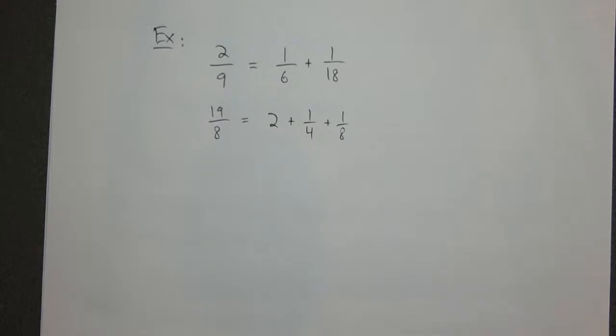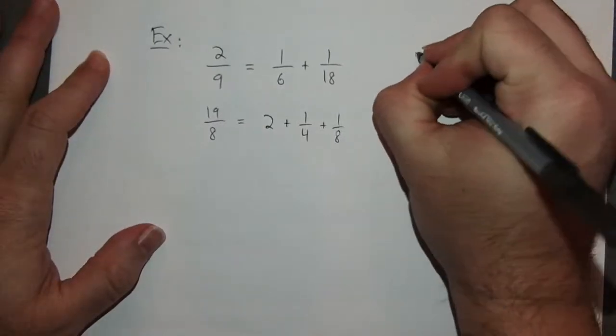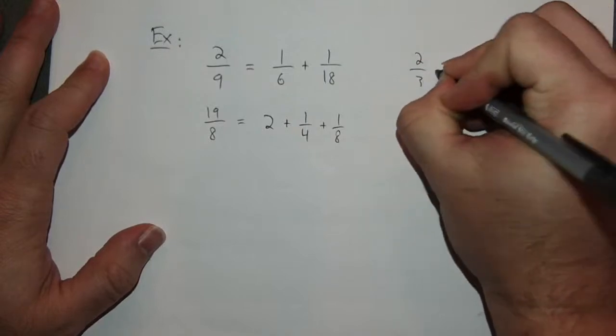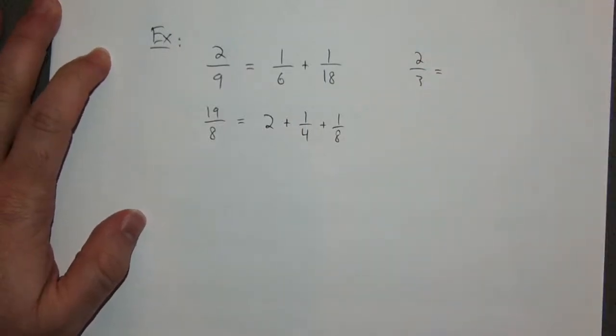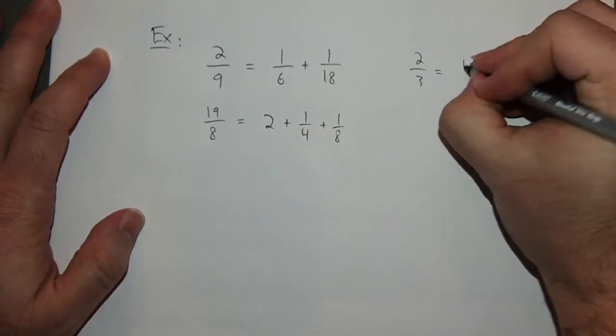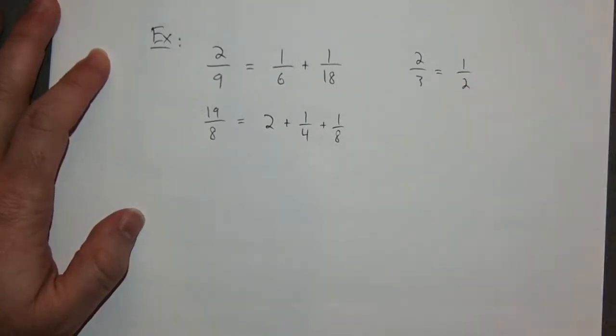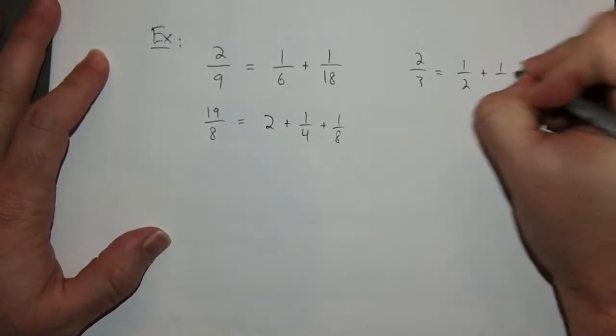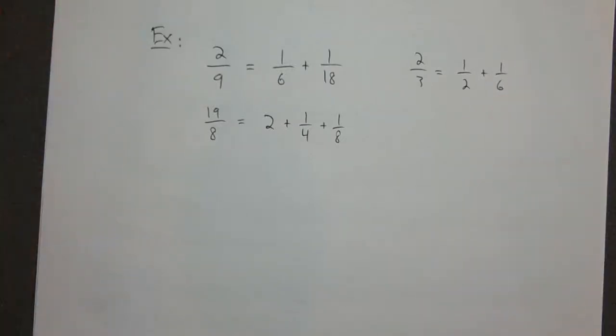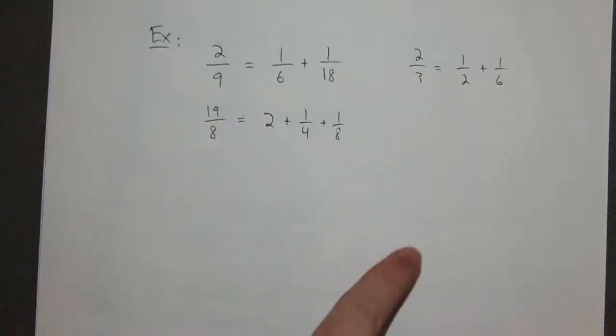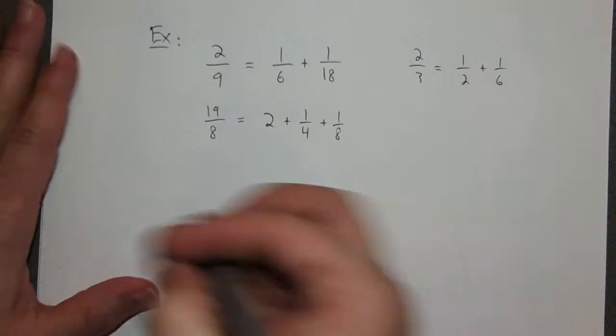Even though they typically were fine writing 2/3 as just 2/3, sometimes they also wrote 2/3 as a sum of unit fractions. This, of course, can be written as 1/2 plus 1/6. All right. So then, why does this matter? Other than just being annoying and taking a while to write this out, why does this matter?